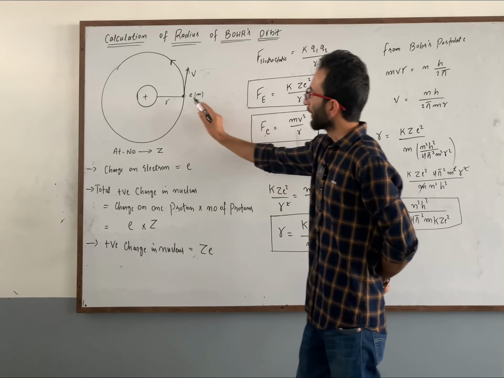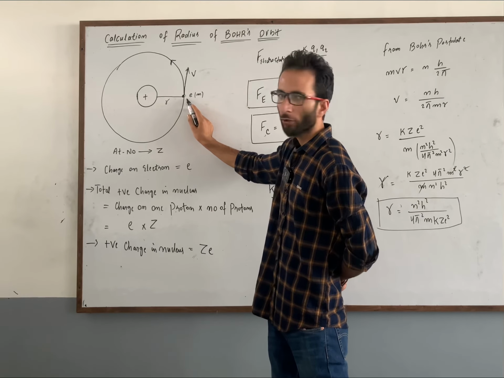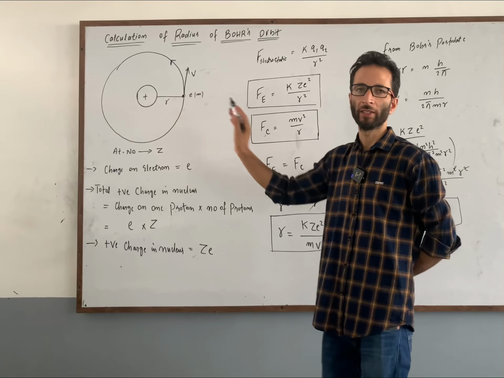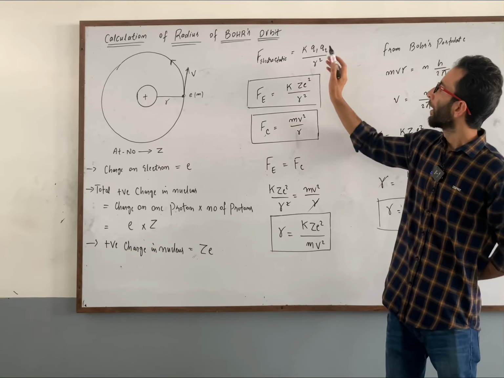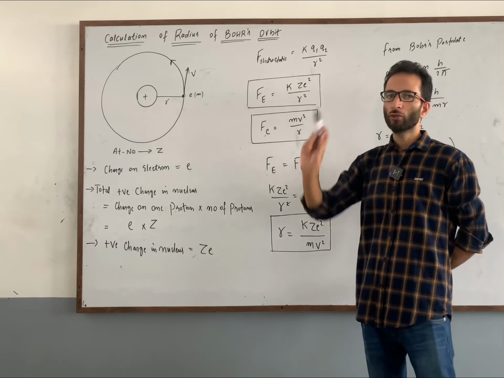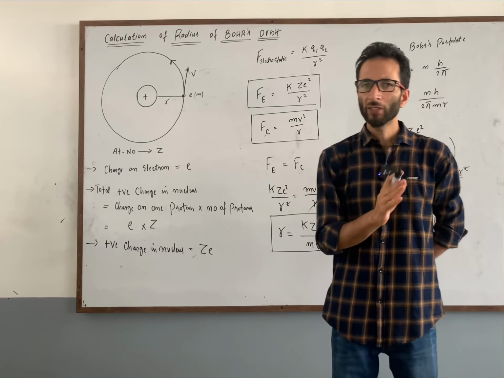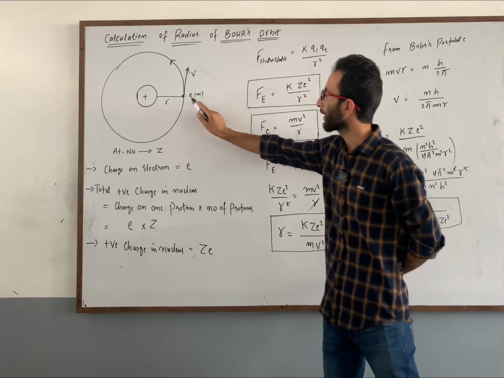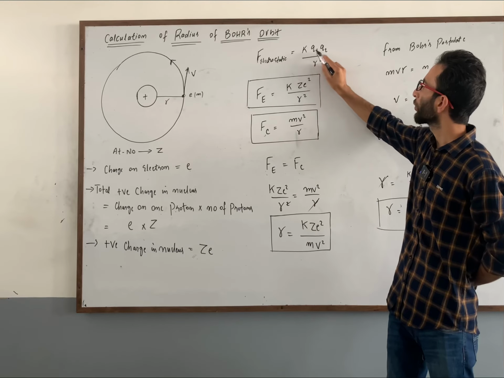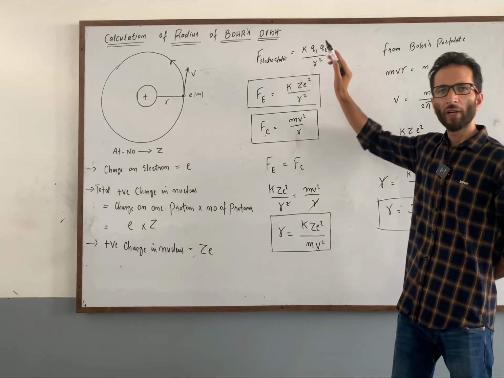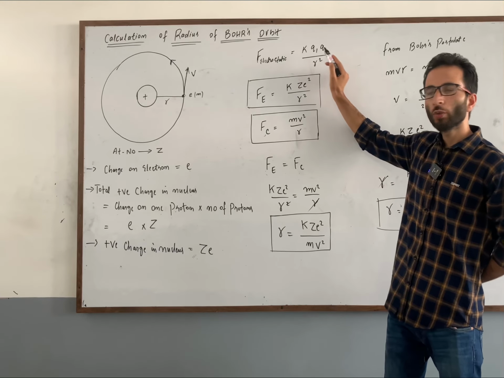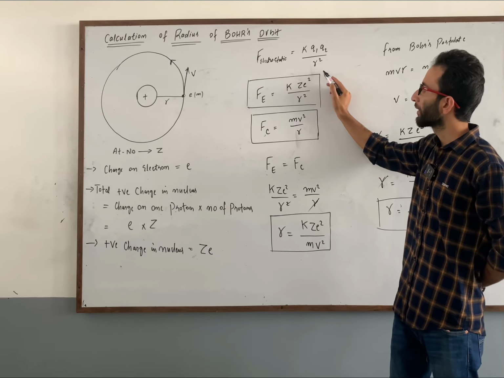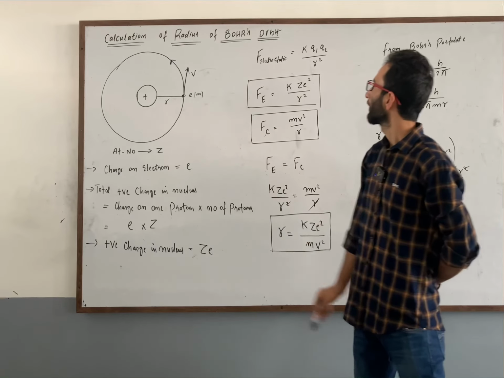Now in this charged system, that is the negative charge of the electron and the positive charge of the nucleus, there will be some interaction. This interaction is called electrostatic interaction or electrostatic force, which is given by Coulomb's law. According to Coulomb's law, the electrostatic force between two charges is equal to K Q1 Q2 divided by r square, where K is Coulomb's constant, Q1 is the charge of one particle, Q2 is the charge of the other particle, and r is the distance between these two charged particles.